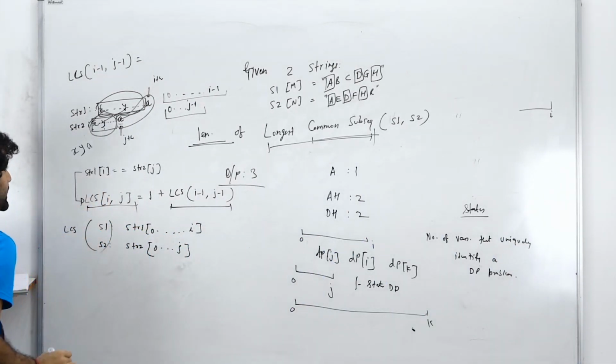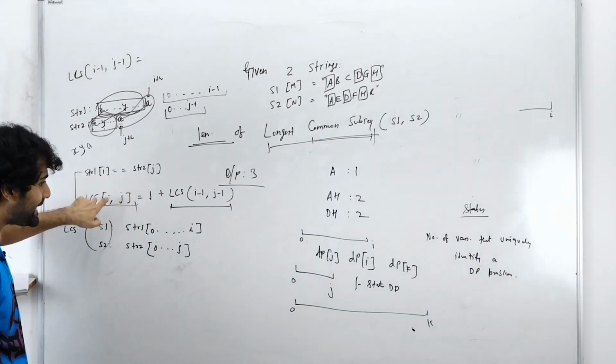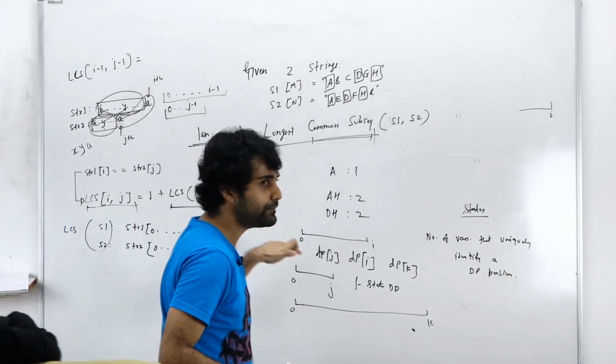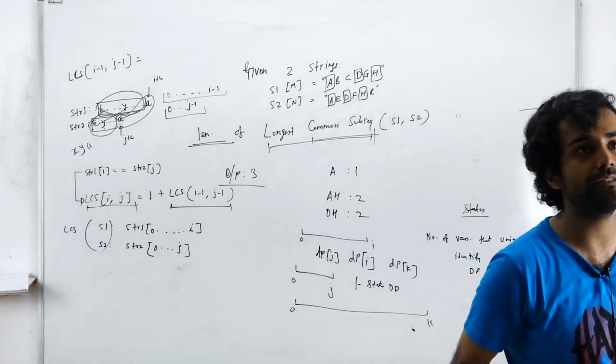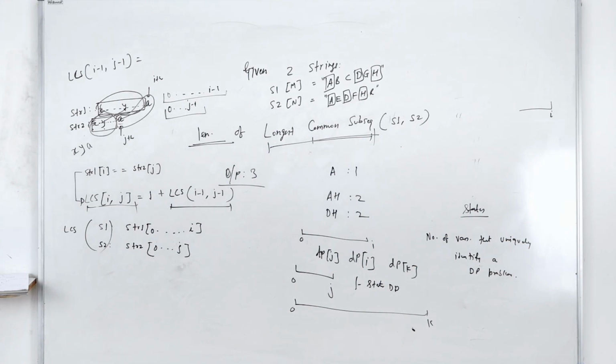If your last characters are matching, in that case LCS IJ will be 1 plus LCS I minus 1 J minus 1. Before I move ahead to the other case where there is no match, is everyone clear with this case? So we all agree that this makes sense.